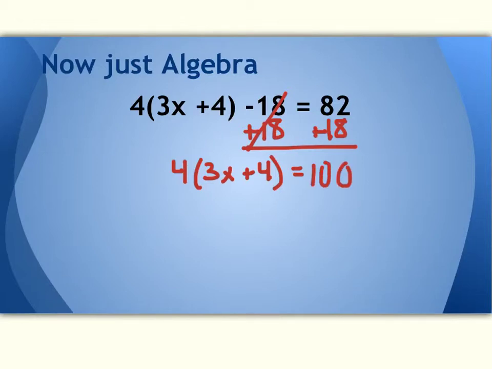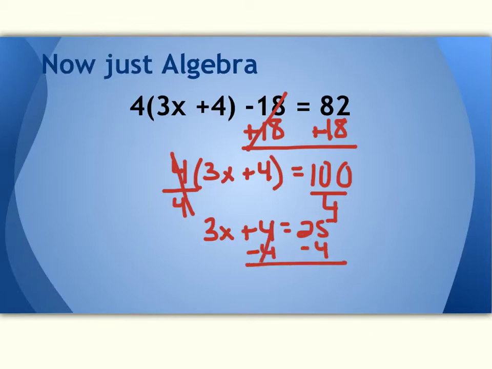Then we can divide by 4. We're left with 3x plus 4 equals 25. Then we would subtract 4. 4 minus 4 is 0. 3x equals 21. And then we would divide by 3, and x would equal 7.